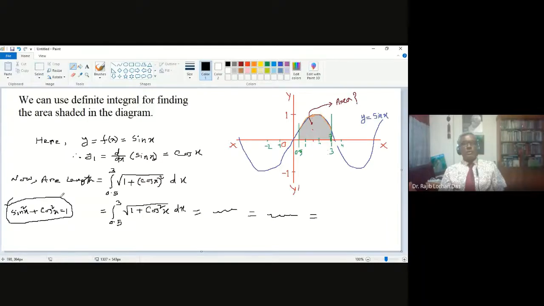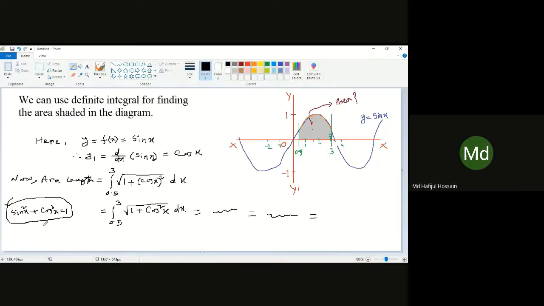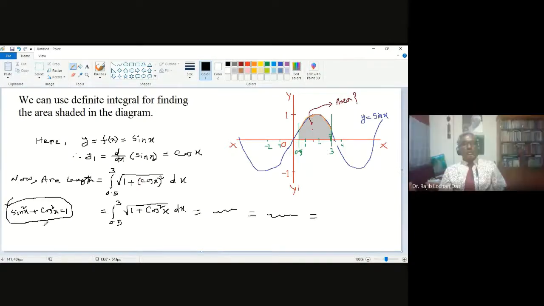You got my point? Yes, sir. Actually, sir, I forgot. Okay, mistake, that is okay. That is all right. So it is plus, so it will go to the right side, so that will be minus. So 1 minus cos square x can be written as sin square x, but it is not minus inside, so we cannot write sin square x.